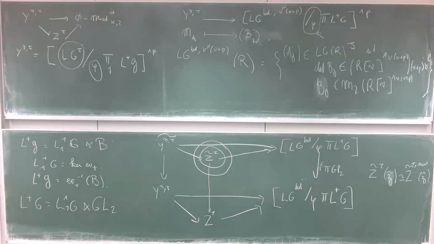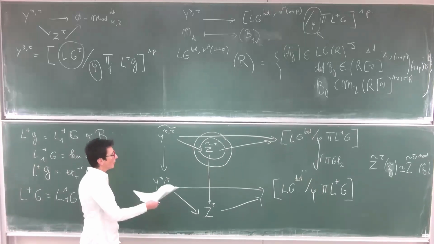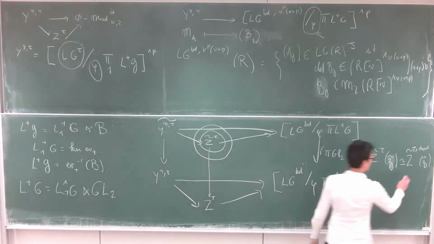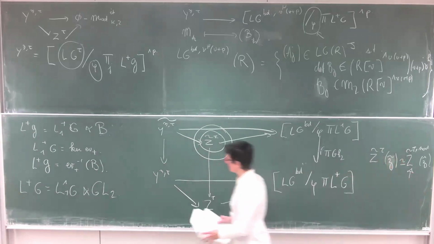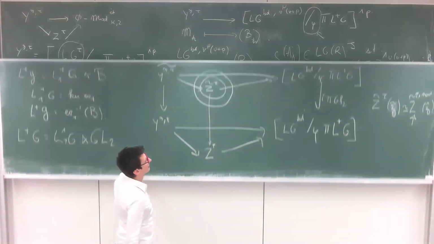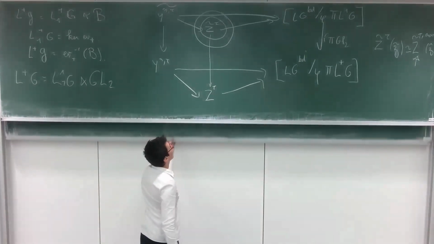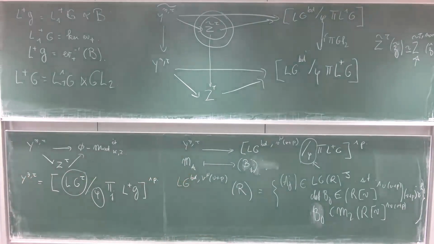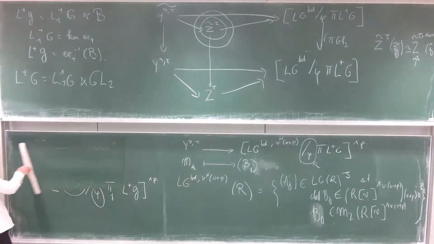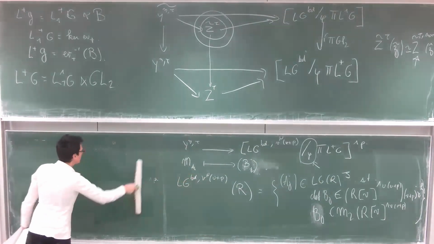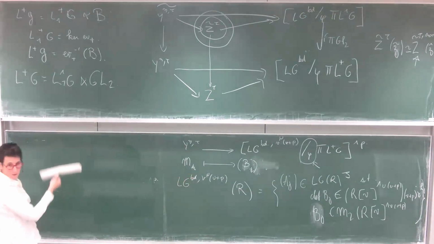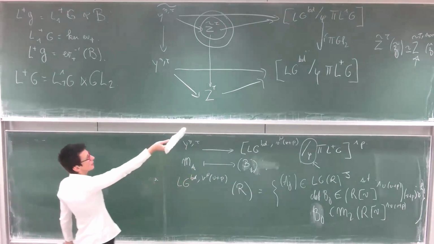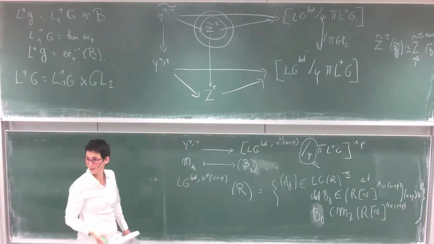Okay, so let me say a few words on the definition of this model. So I have to construct something which looks like this one, but without any phi conjugation. That's the main point.